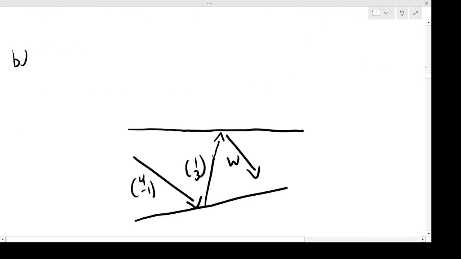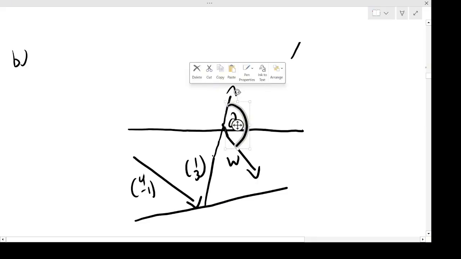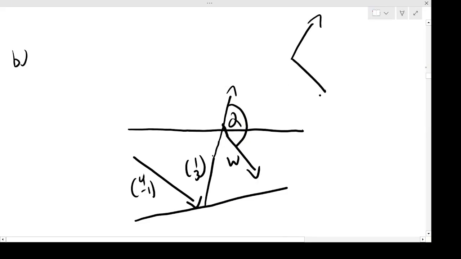To help me visualize that, if I extend the before velocity like that, hopefully you can see the angle of deflection is going to be there. So this angle is going to be my alpha. Notice how alpha is between my two vectors, like this. So this is w here, and this is my (1, 3) velocity there.